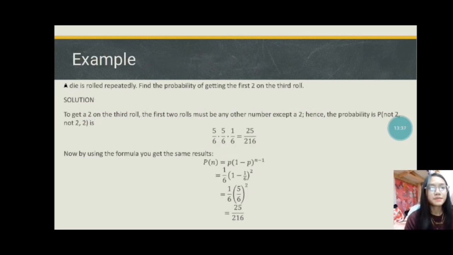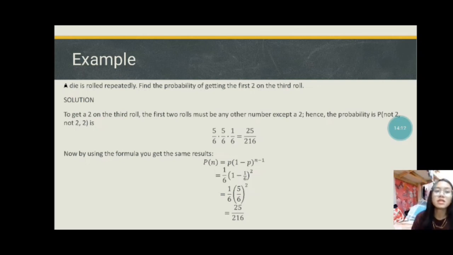For example, a die is rolled repeatedly. Find the probability of getting the first 2 on the third roll. To get a 2 on the third roll, the first 2 rolls will be any other number except a 2. Hence, the probability is P of not 2, not 2, 2, which is 5 over 6 multiplied by 5 over 6 times 1 over 6, which is equal to 25 over 216.